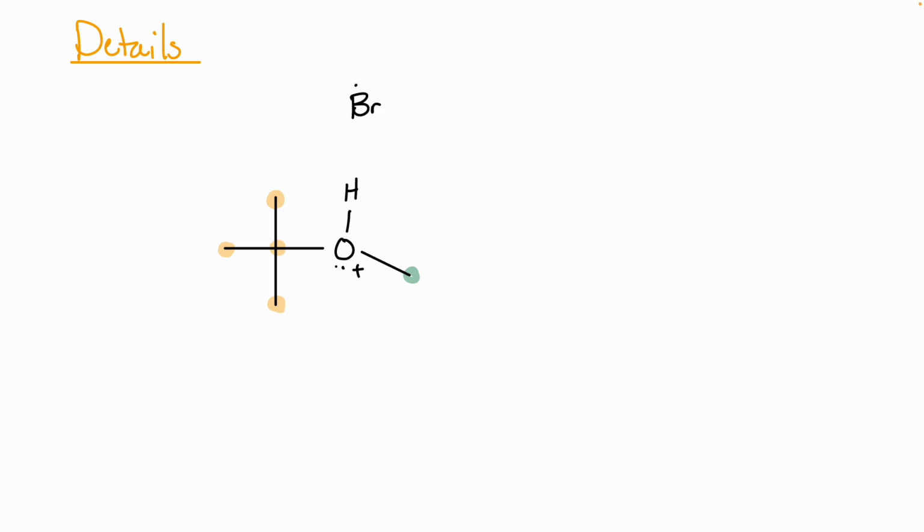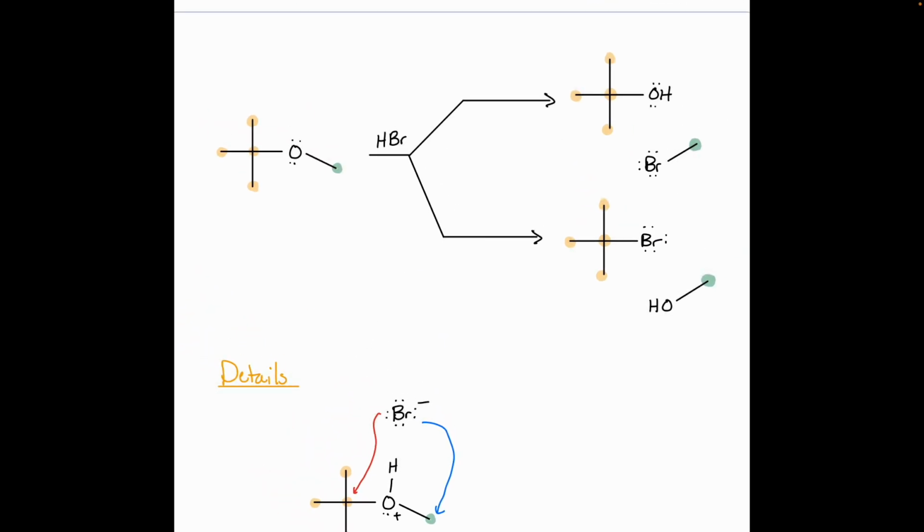And then we've got our bromide ion, and that bromide ion is going to attack in order to form our alkyl halide. But it can either attack on this side or on this side. Which one of those carbons is that bromide going to have an easier time attacking? The orange one or the green one? The green one, right? So literally the exact opposite of our Williamson ether synthesis. We're going to have a preference for one or the other, and the more accessible carbon is again going to be our alkyl halide.